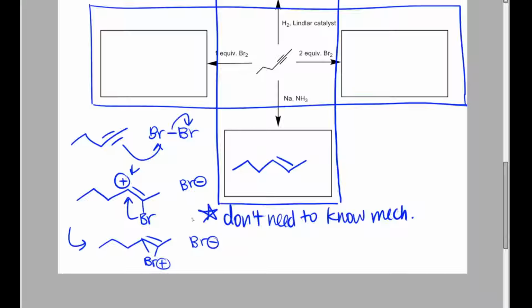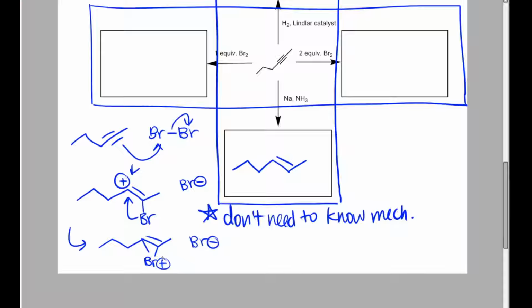And now this negative bromine ion comes back into play. It can either attack this carbon or this carbon, and as we've seen before, it can attack basically either one of them because they're both equally substituted. In the case that they're not equally substituted, it's going to want to preferentially attack the carbon that is more substituted because it'll have a greater partial positive charge, which it's more attracted to.